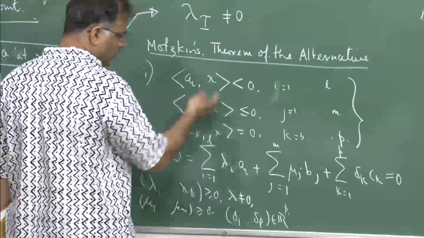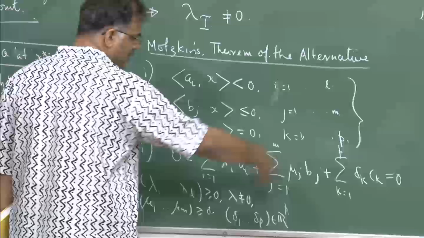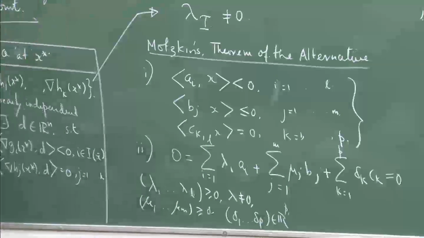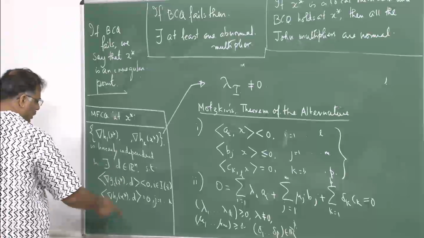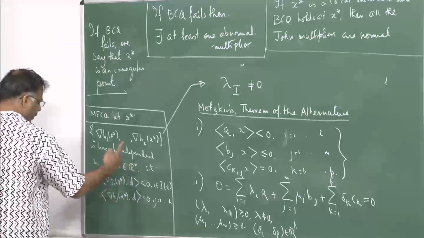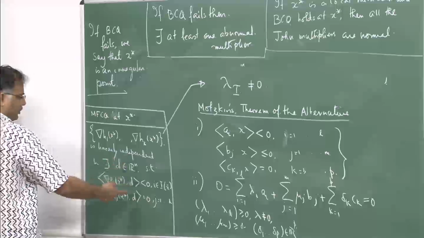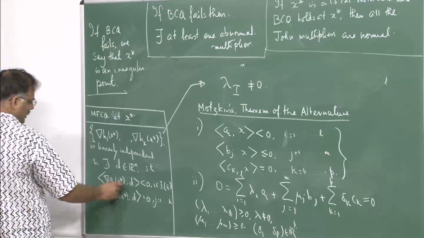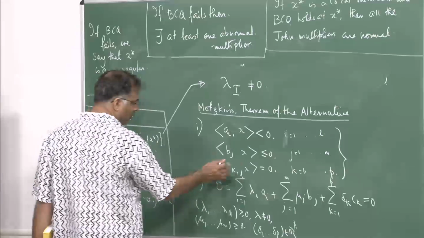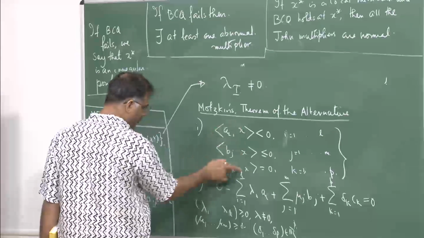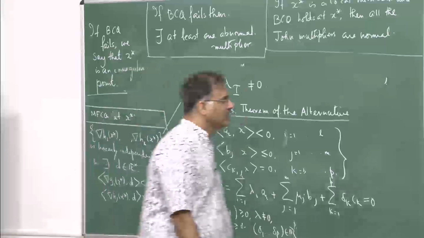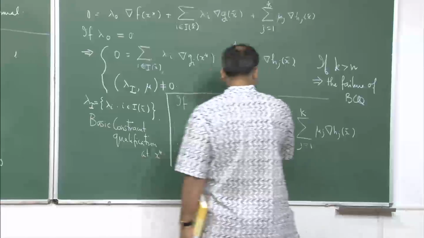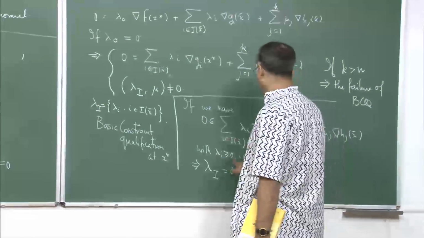Either there is an x which solves this, and if there is an x which solves this, then this system will not have a solution. So, here in the Mangasarian-Fromovitz constraint qualification, there are these two systems. These two systems do not have a solution. I do not have to bother about this, I have to bother about these two, which means that this is holding with lambda i greater than equal to 0.